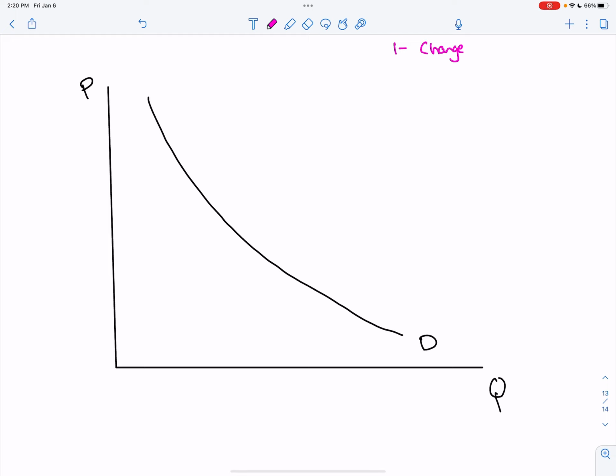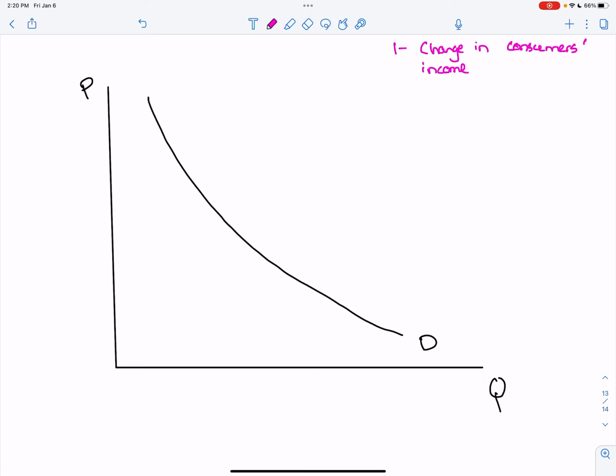change in consumers' income. Let's ask the question, what would happen if we started with this current demand curve? This is in some market for some good. We have our demand curve showing us how much of the good is desired by consumers at the different prices.